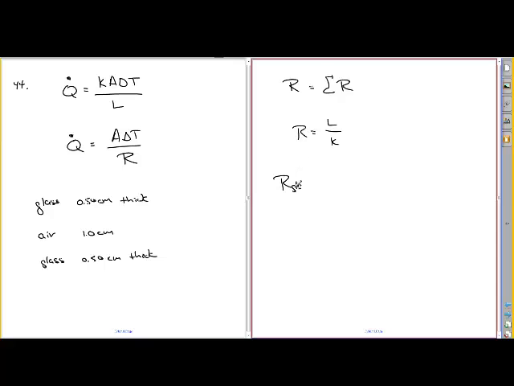The R value for glass is going to be L, which is the thickness, 0.005 meters, that's 0.5 centimeters, divided by the thermal conductivity of glass, which is 0.84 joules per second meter degree C. So 0.005 divided by 0.84 is 0.00595.